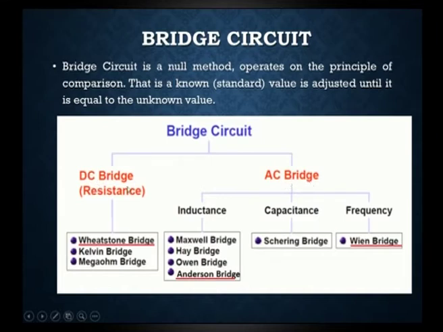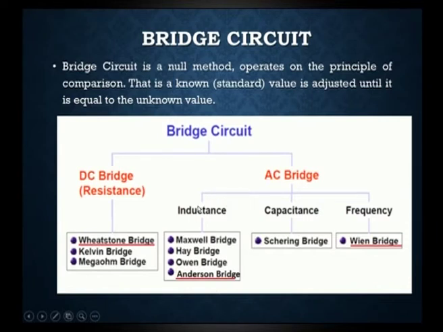DC bridge circuits are mainly used to measure resistance, and some of the types of DC bridge circuits are the Wheatstone bridge, Kelvin bridge and megohm bridge. In this session we are going to study the Wheatstone bridge. AC bridges are classified as inductance, capacitance and frequency bridges, based on the quantity that we are going to measure.